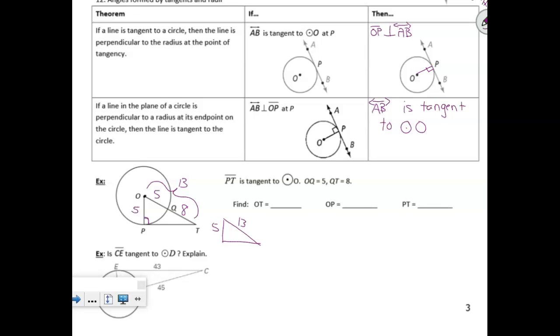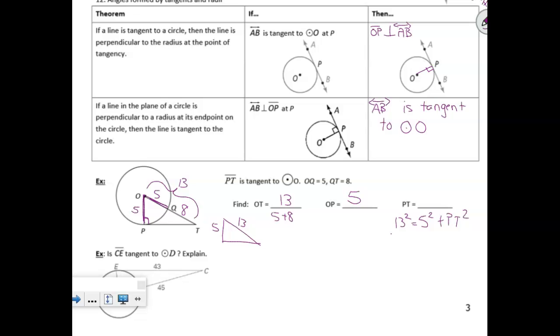So OT is going to be 5 plus 8, which is 13. OP is given because this section right here is a radius. This is a radius as well. So it's going to be 5. To find PT, take 13 squared equals 5 squared plus PT squared.